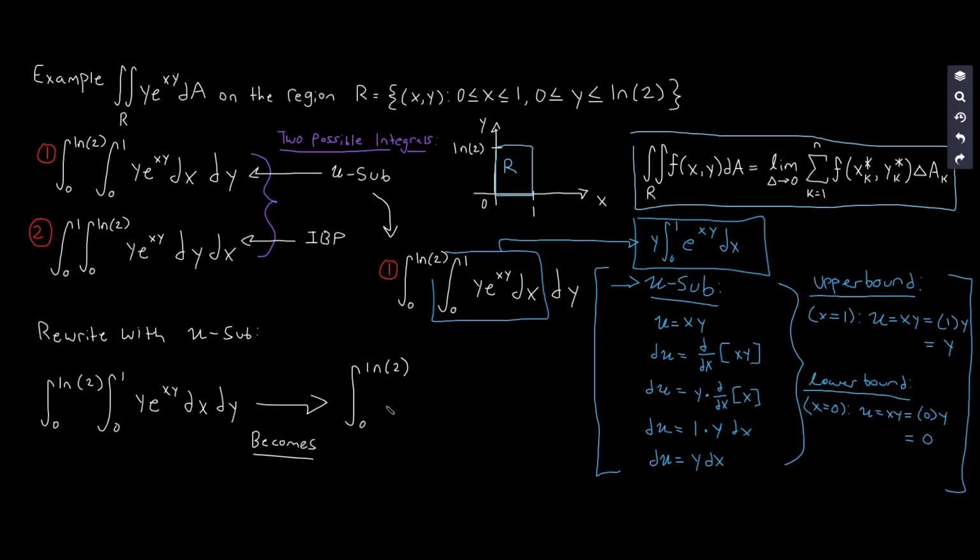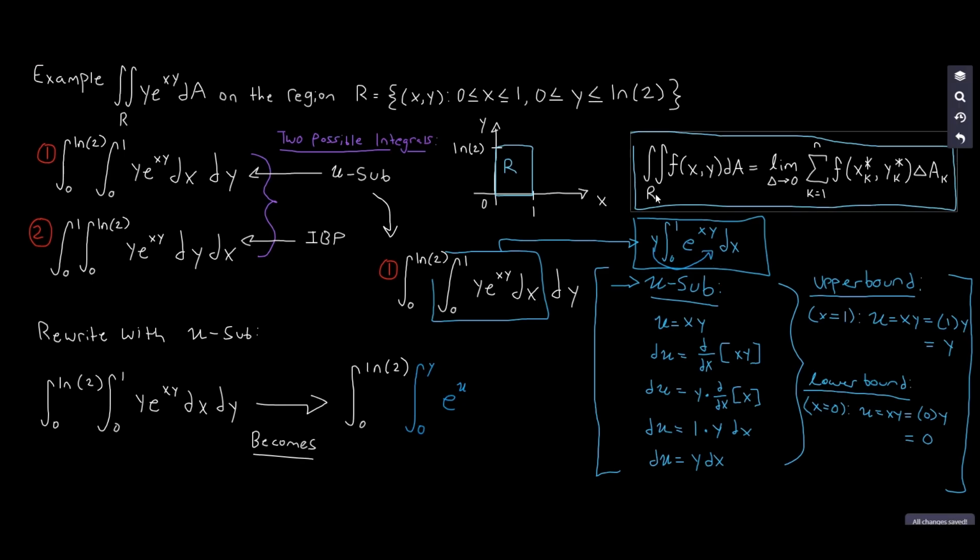And so when we set up the u substitution, we're going to have the integral from 0 to natural logarithm of 2 times the integral from the new bounds of integration, which is 0 to y, for what we set u equal to, which is x and y. So we have e raised to the power of x and y. Well, now e is raised to the power of u, and then putting that y back in the integrand.